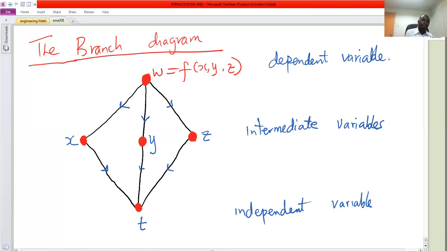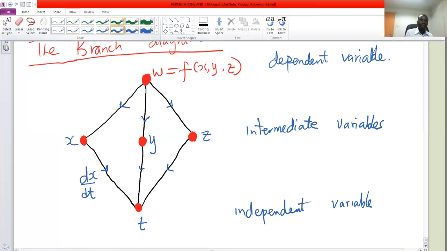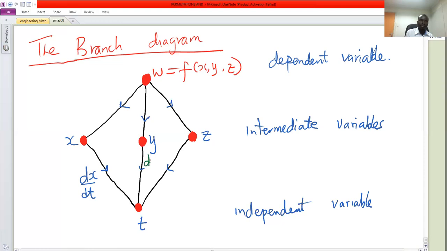Here, on this branch, the change is simply x depending on t. So this is the normal dx dt. On this branch, we also have just normal dy dt. And here we have dz dt.